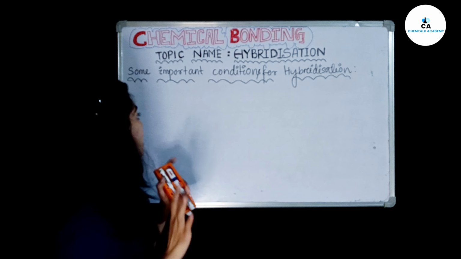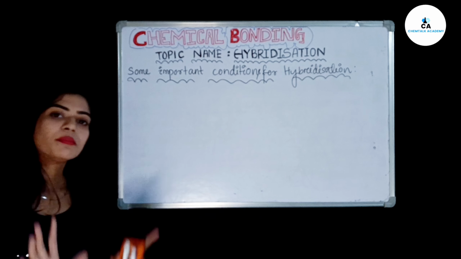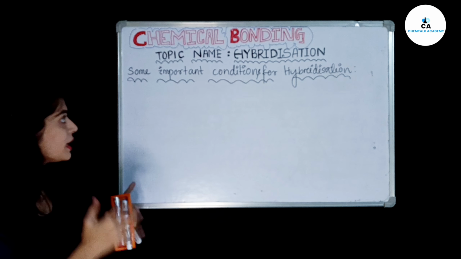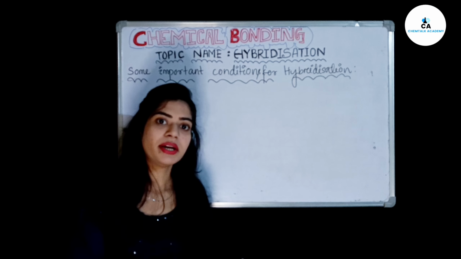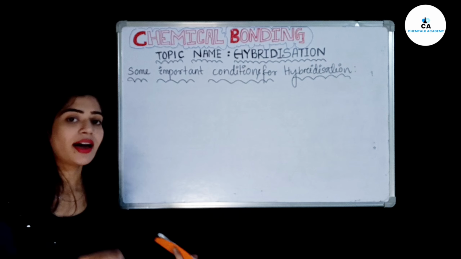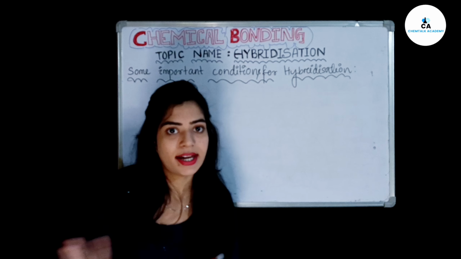So listen. The very first important condition is that only those orbitals can participate in the hybridization which have nearly equal energy.